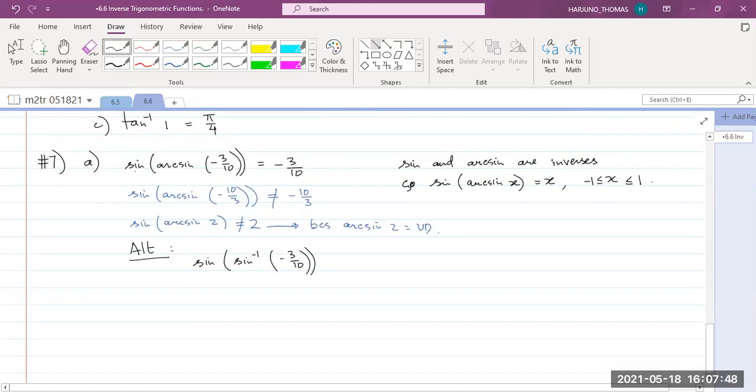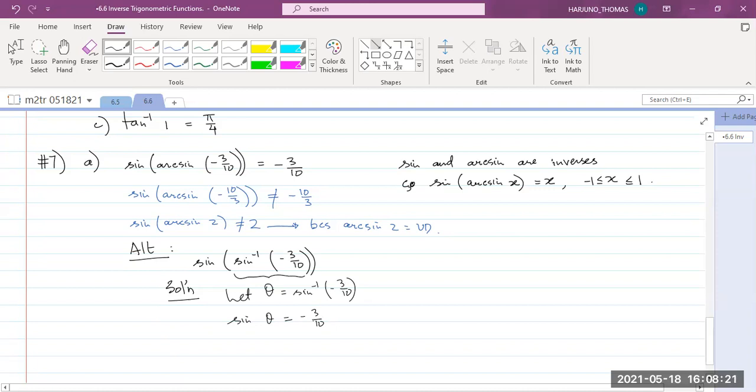Now the way I do it, I will call this an angle first. Let theta equal sine inverse of negative 3/10. So sine theta equals negative 3/10. Is it right?